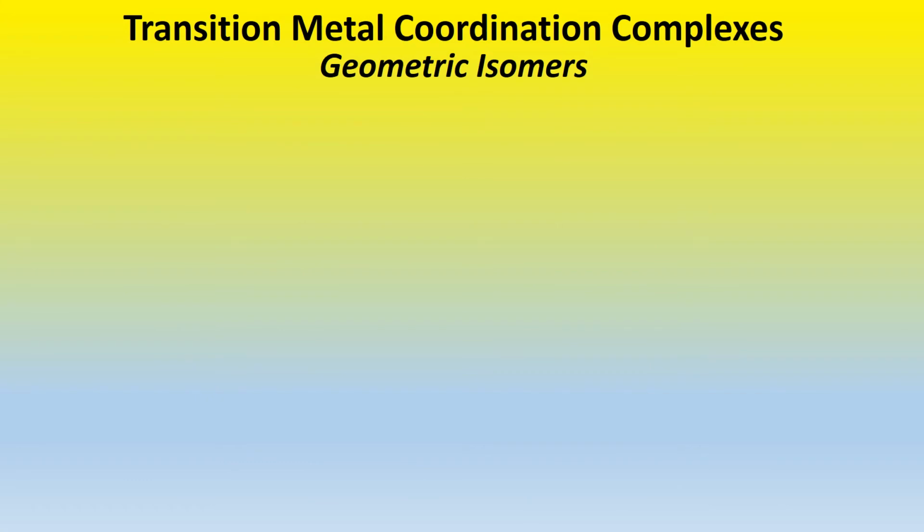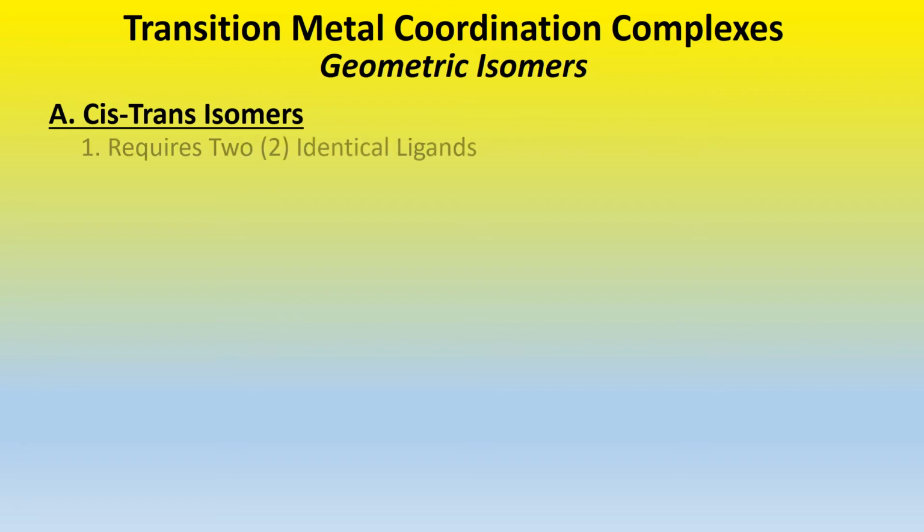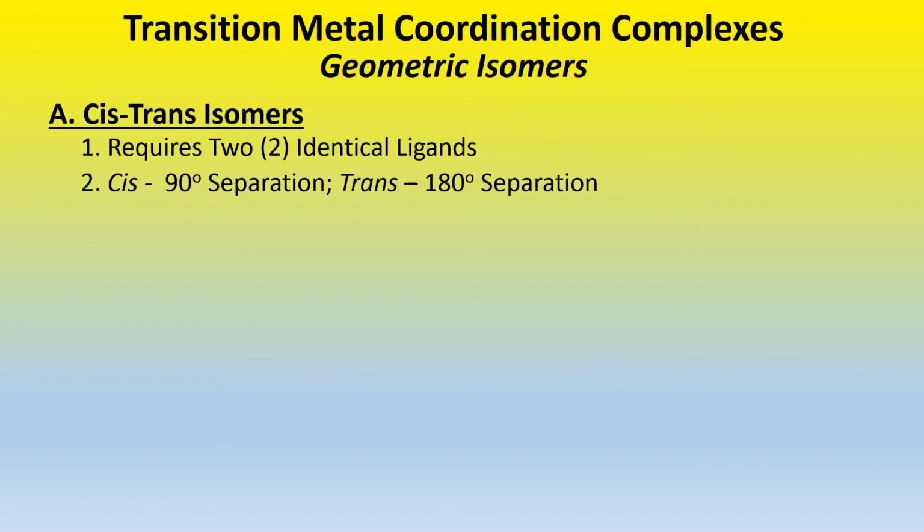In closing, for geometric isomers, you have 2 possibilities. The first possibility, you can form cis-trans isomers. These require exactly 2 identical ligands. The magic number you're looking for in the formula is 2. Because if you look back, cis, next to each other, was a 90 degree separation, and trans, across, is 180 degrees separation between identical ligands.